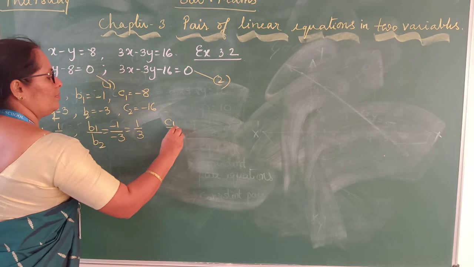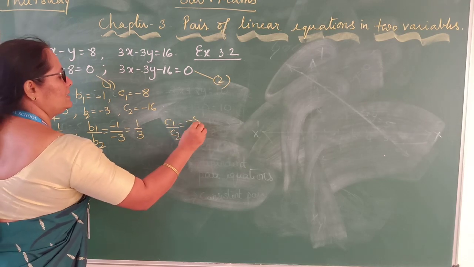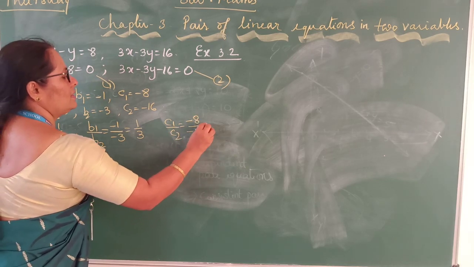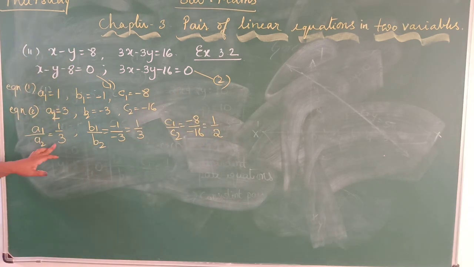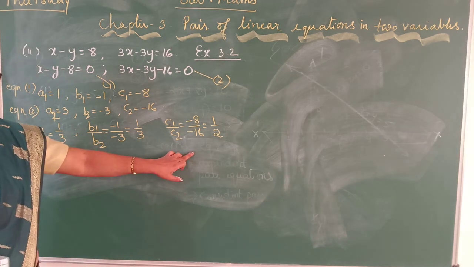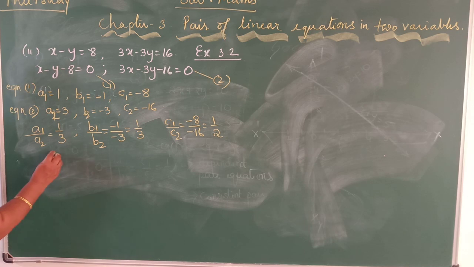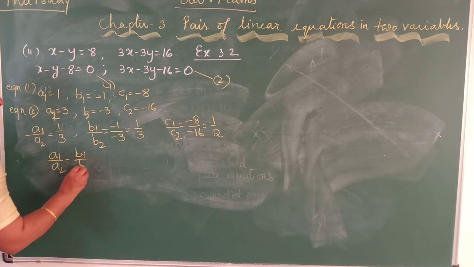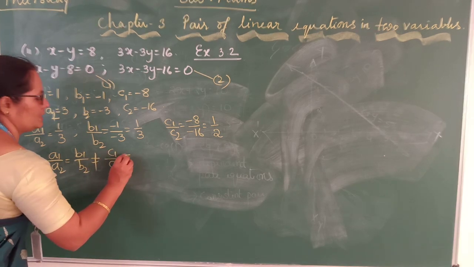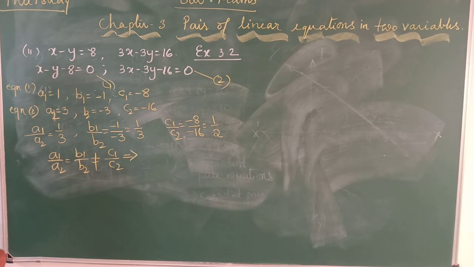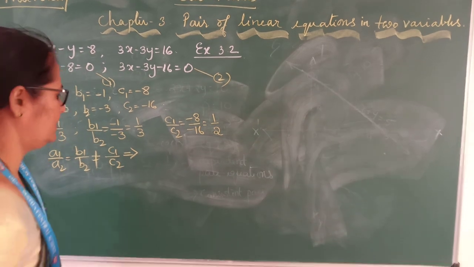Then c1 by c2 is minus 8 by minus 16, which is 1 by 2. Now, see here, are all the 3 ratios equal? No. The first 2 ratios are equal and the third ratio is not equal. So, a1 by a2 is equal to b1 by b2, not equal to c1 by c2. It means that we get parallel lines.